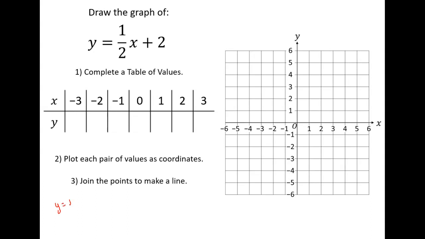But let's write it down. So we have 1/2 x plus 2. So let's do it for 3. So if x is... 1/2 times 3 is going to give me 3/2 plus 2.